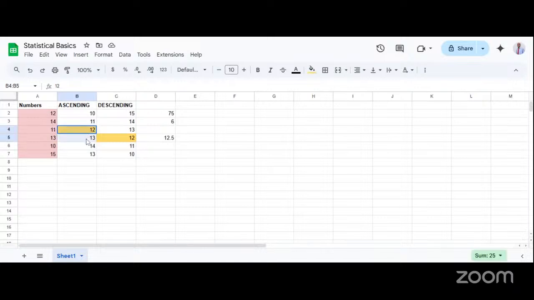Rather, we have two values that can be found at the center when the set is arranged in ascending order. Look at ascending order: we have 1, 2, 1, 2, 1, 2. Then in descending order, we have the same pattern.